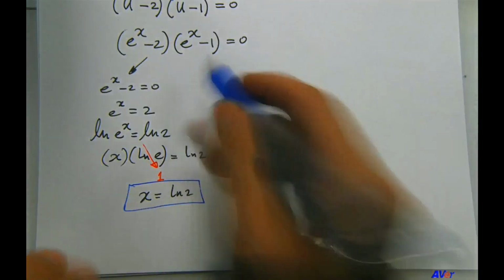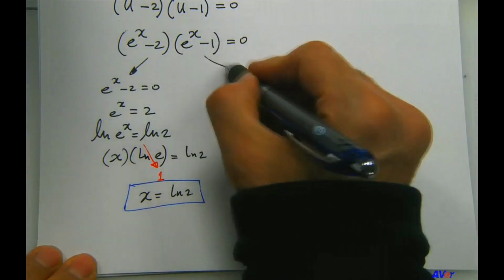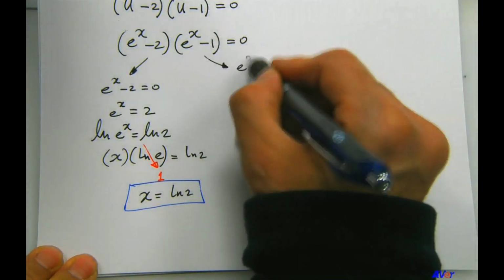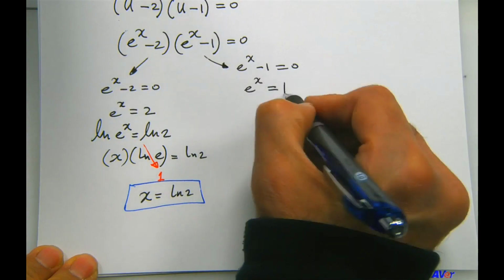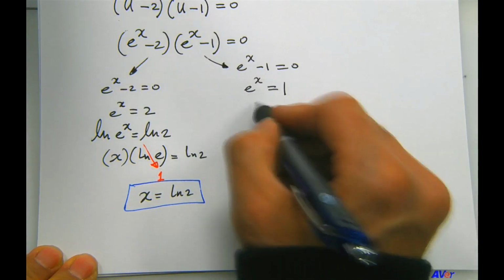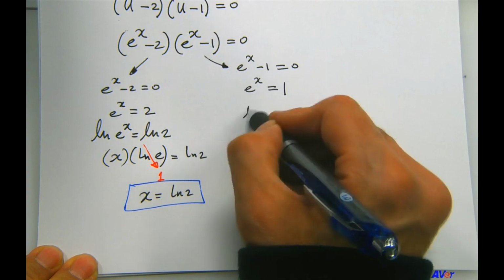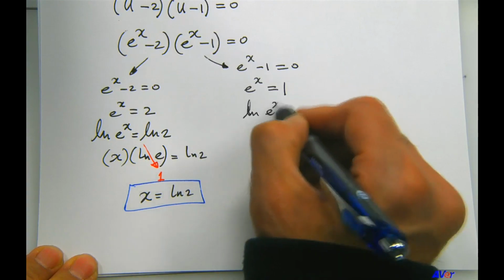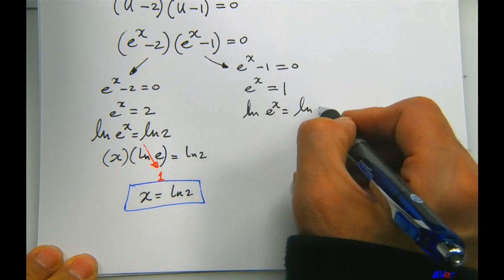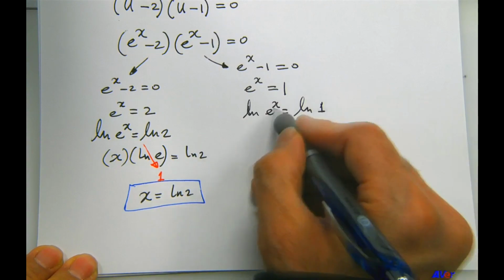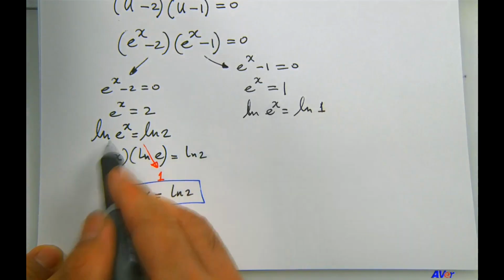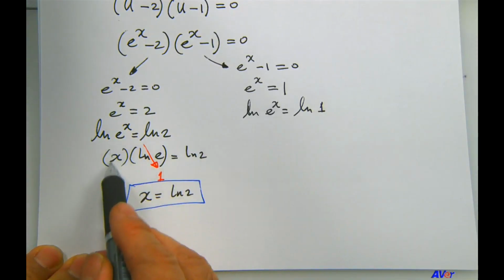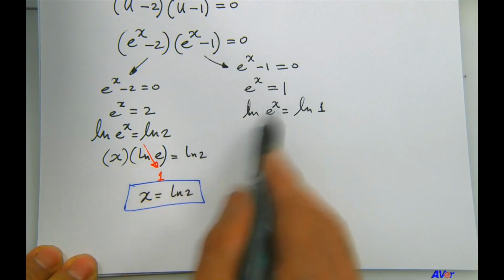We also have the other factor. So e to the x minus 1 equals 0, then e to the x equals 1. Once again, let's take the natural log of both sides. Natural log of e to the x is equal to natural log of 1. So this side, just like before, is equal to x.